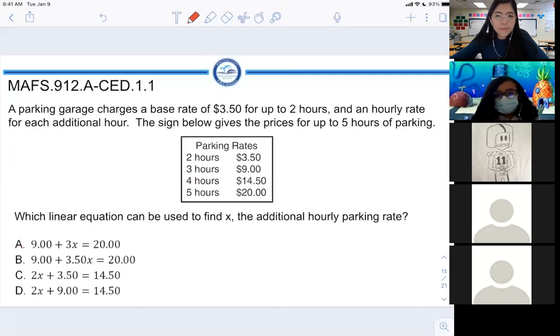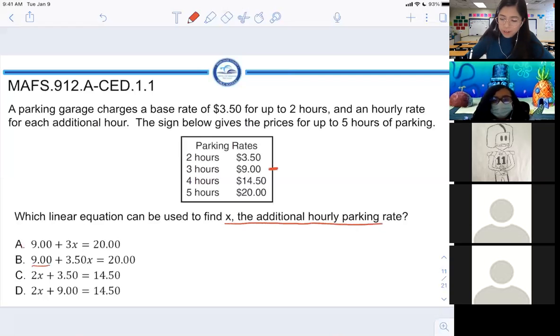So let's look at these equations and let's see where they're getting their numbers from. In A, where did they get their 9? From the 3 hours, right? So they're basically saying if you start here, and remember, we're trying to find X, the additional hourly parking rate.